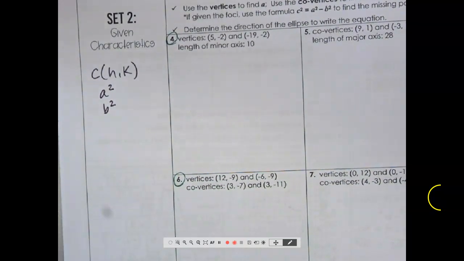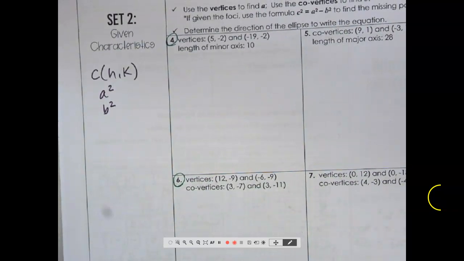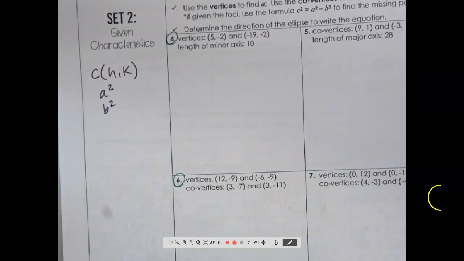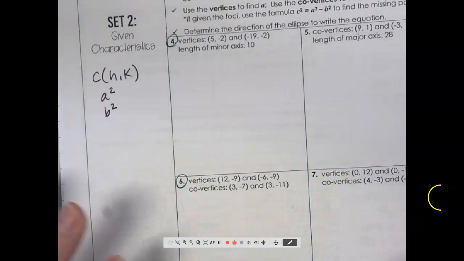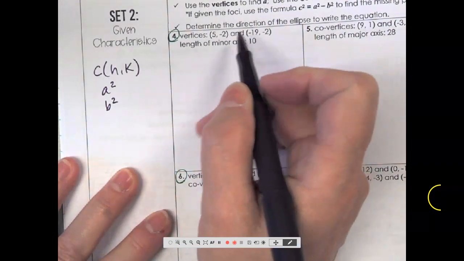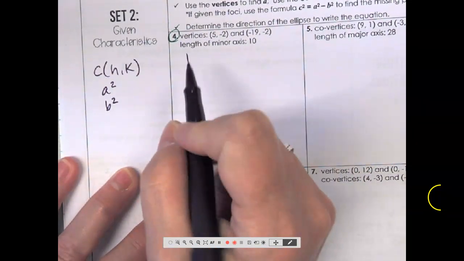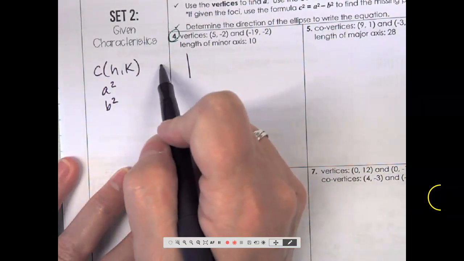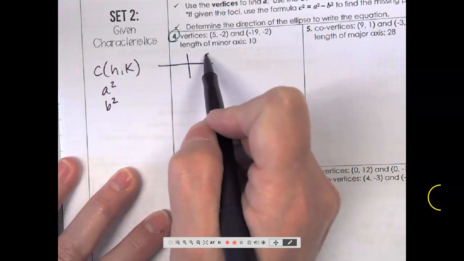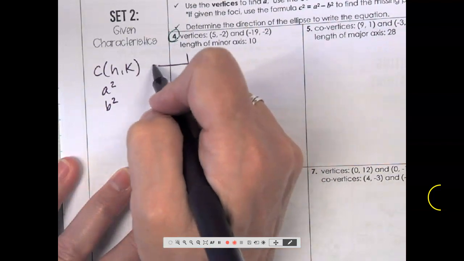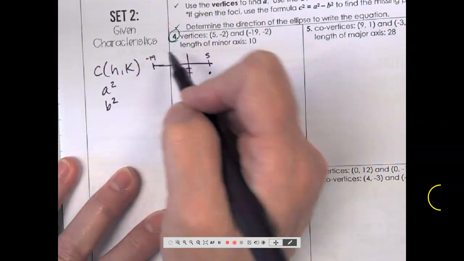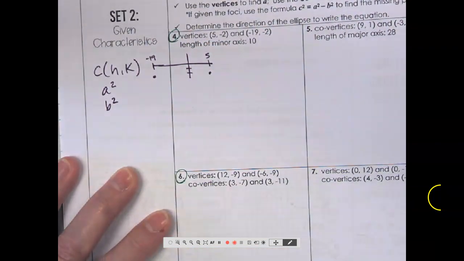Okay, so it helps me if I sketch a little picture, even if it's not to scale, just to see whether this is horizontal or vertical, where the center is located, etc. So if these are my vertices, at 5, -2, and -19, -2.